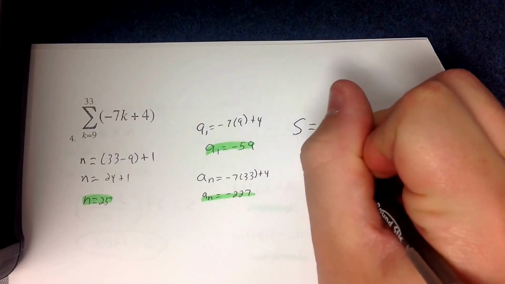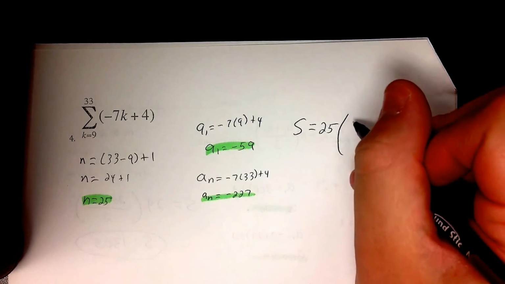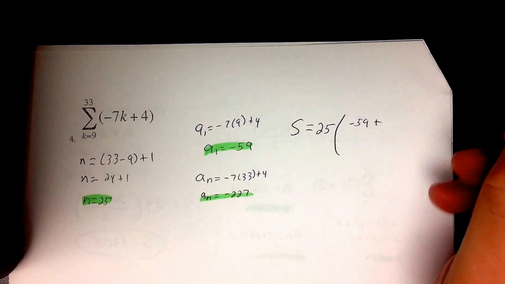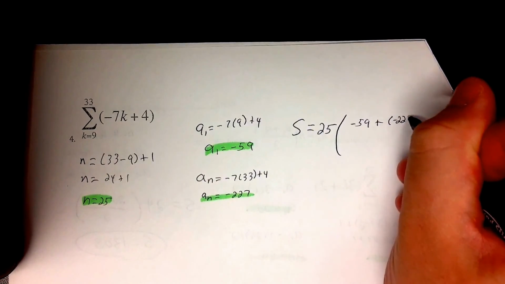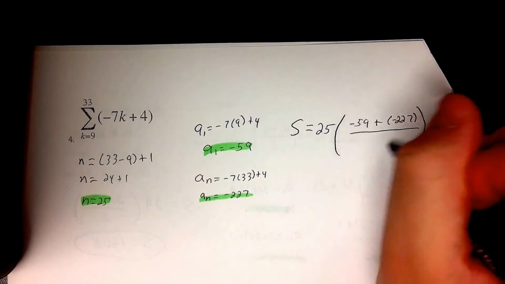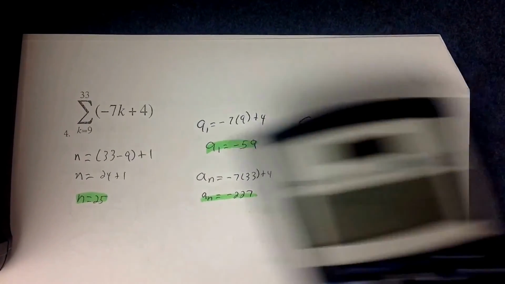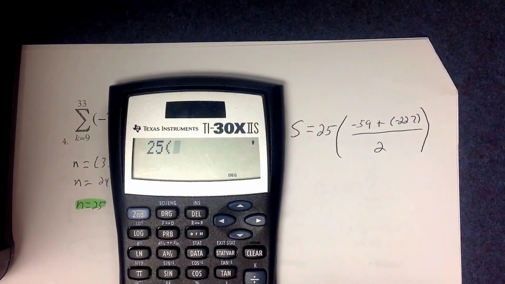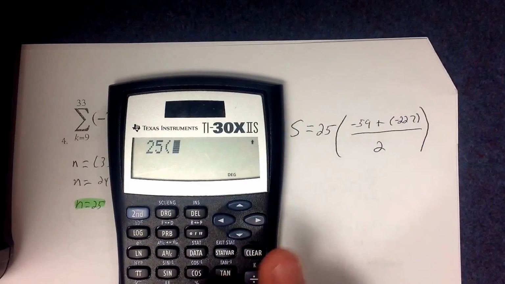So the sum equals n, which in our case is 25, times A1, which is negative 59, plus AN, and you can put that in parentheses if you want since it's a negative, so negative 227, divided by 2. Now if I went to enter this in a calculator, again we have the 25, the parentheses for this, and then I want to put what's on top in parentheses.